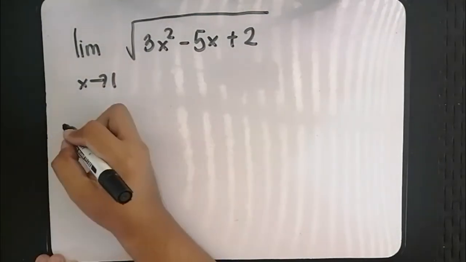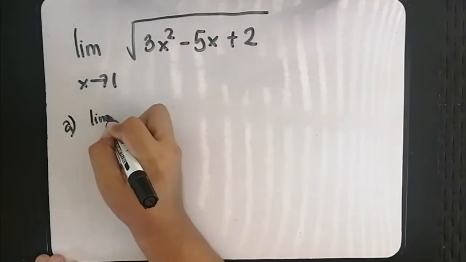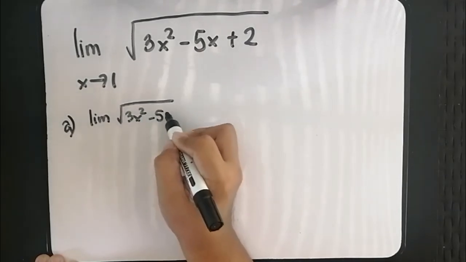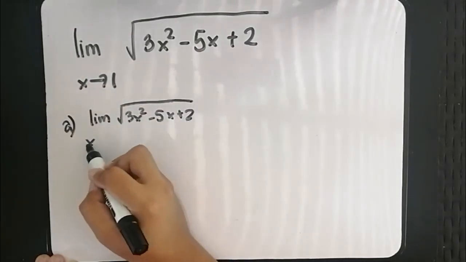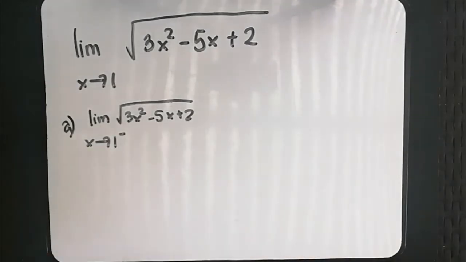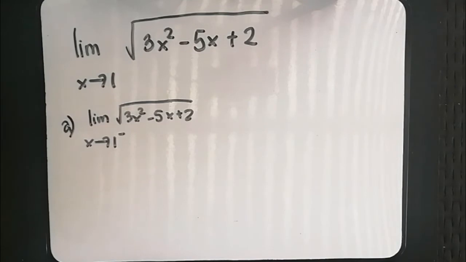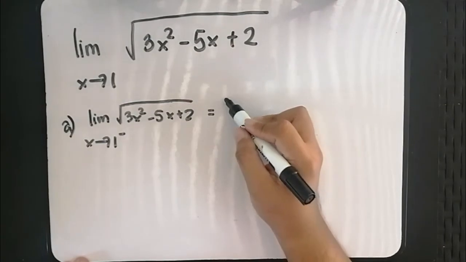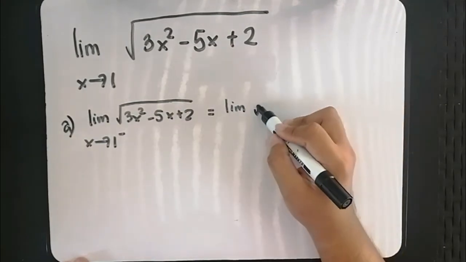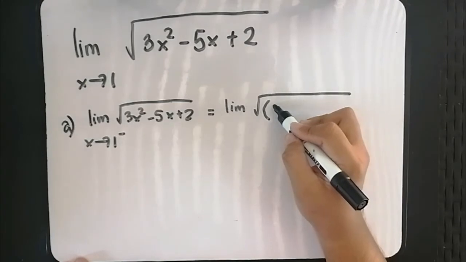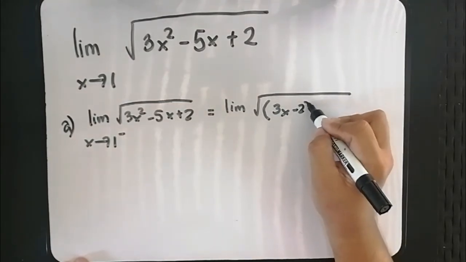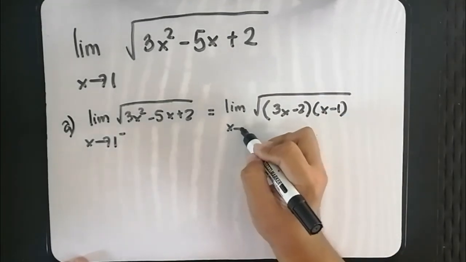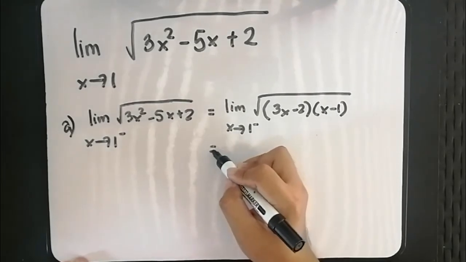So we now have the limit of the square root of 3x squared minus 5x plus 2 as x approaches 1 from the left. So kung titignan natin ito, we can actually factor this out. This becomes the limit of the square root of 3x minus 2 and x minus 1 as x approaches 1 from the left.